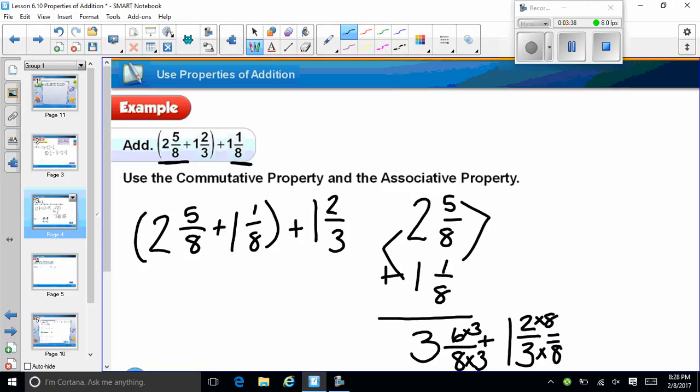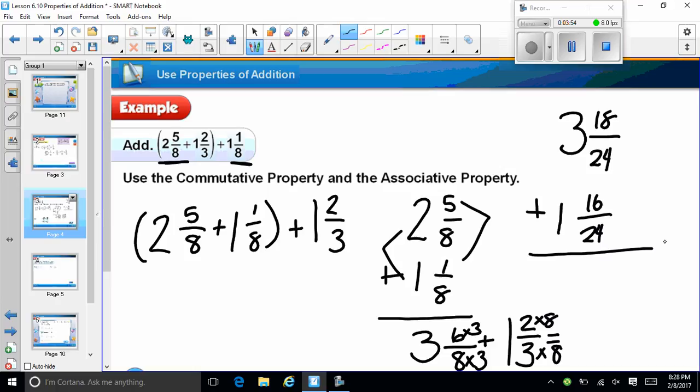And so now I'm going to reset my problem: 3 and 18/24ths plus 1 and 16/24ths equals. I'm going to go ahead and add. 18 plus 16 is going to get me 34 over 24. 3 plus 1 equals 4.